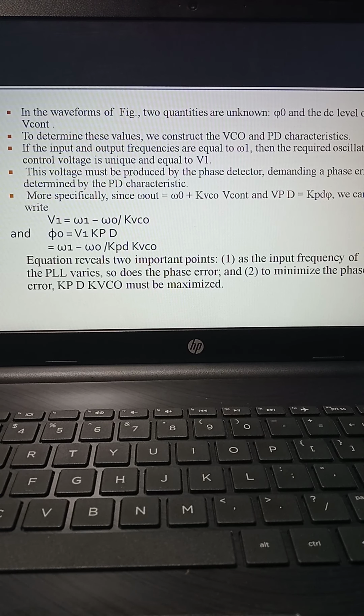These equations give two important points. First, as the input frequency of the PLL varies, so does the phase error. Second, to minimize the phase error, K PD K VCO must be maximized.